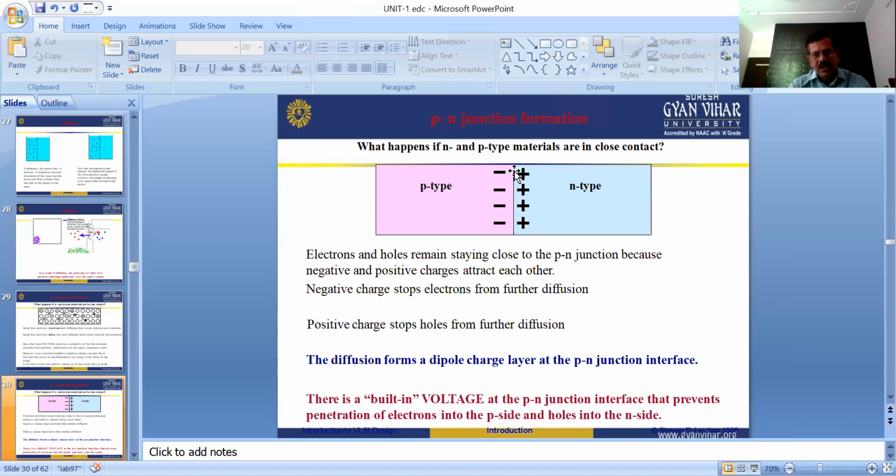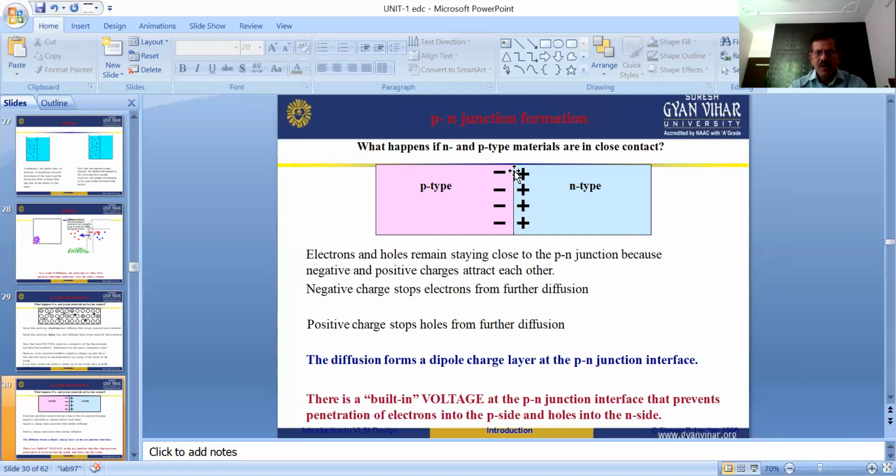So on the P side across the junction, some negative charges are deposited, and some positive charges are deposited on the N side across the junction. These charges are immobile.